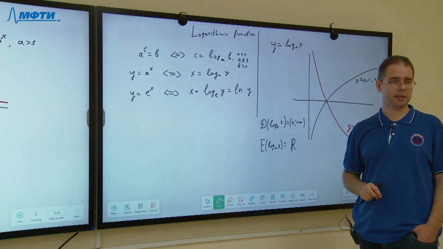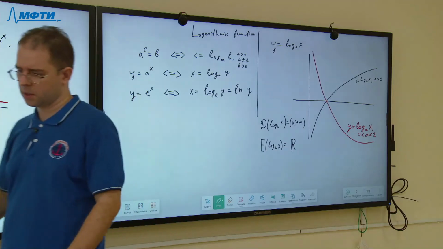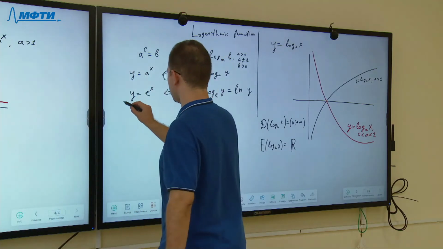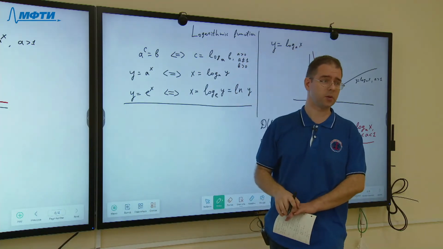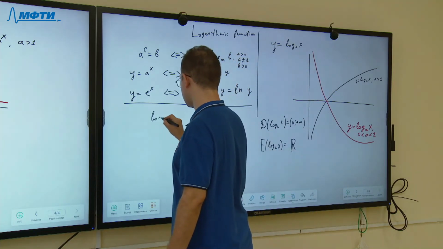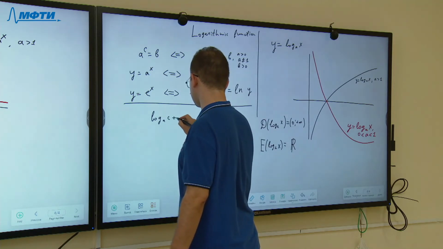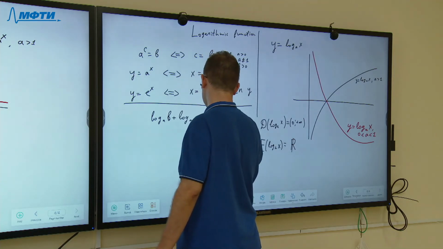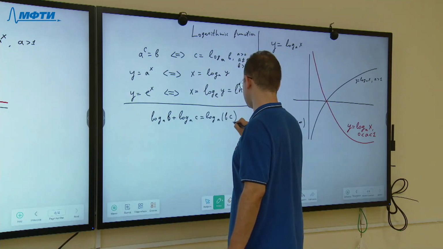Now let's discuss some properties of logarithms. Once again, I expect you to know them by now, but just in case, I remind you, for those of you who don't know. log base a of b plus log base a of c equals log base a of bc.